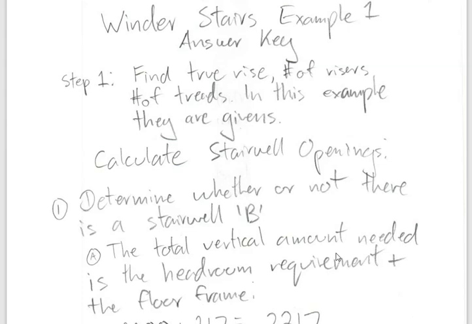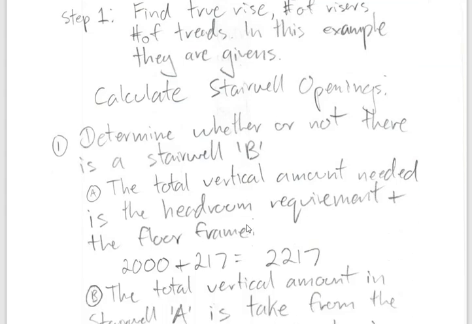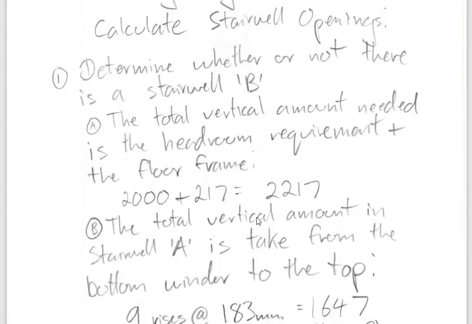So your first move when calculating stairwell openings for a set of winders is actually to establish if there is going to be a stairwell B, or if you can frame off that opening in that first flight before the stairs turn. This is the same type of thing you would determine on a set of L-shaped and U-shaped stairs, a similar process.